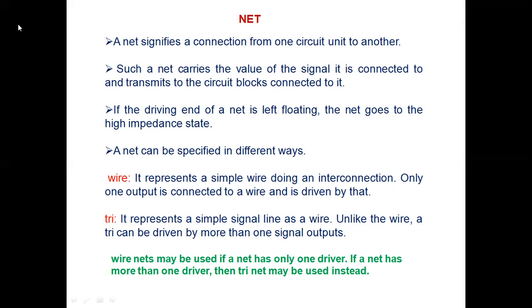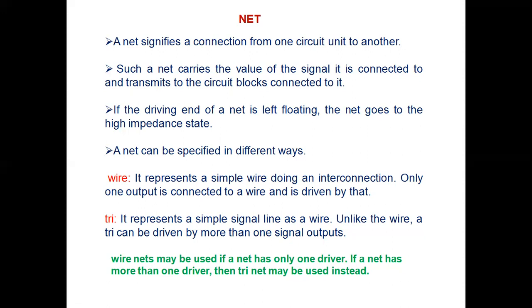The same thing is defined here again. A net signifies a connection from one circuit unit to another. Such a net carries the value of the signal it is connected to and transmits it to the circuit blocks connected to it. Whenever two logic gates or circuits are connected by means of a net or wire, definitely that net or wire can carry some signal value.